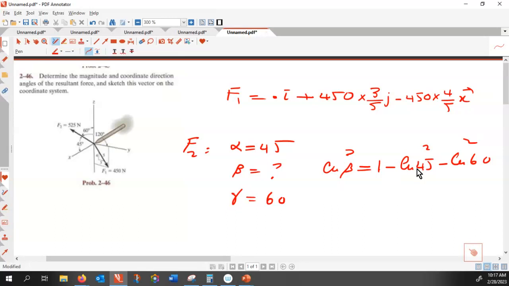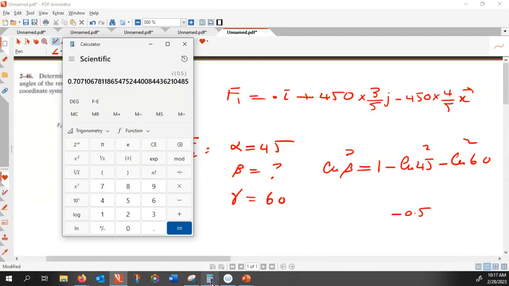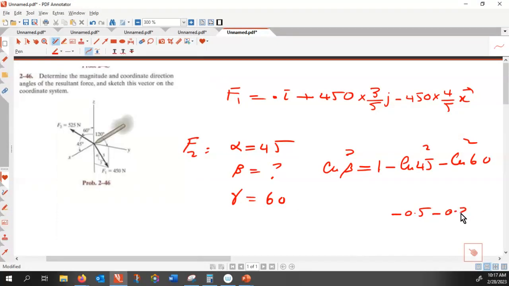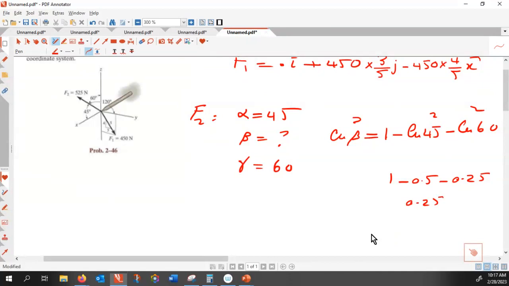So cos 45 squared is 0.5, and cos 60 is 0.5, squared is 0.25, so beta is equal to 60 degrees.